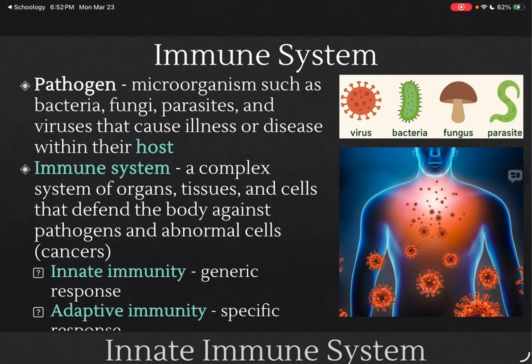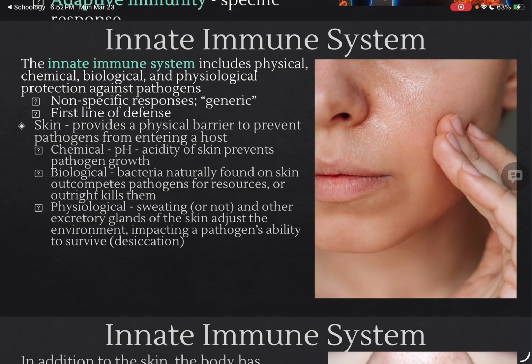And then later, once you get it again, your body is meant to remember that, meaning the adaptive immunity has a memory of the previous encounter, and it should be able to deal with those pathogens quicker and more efficiently.